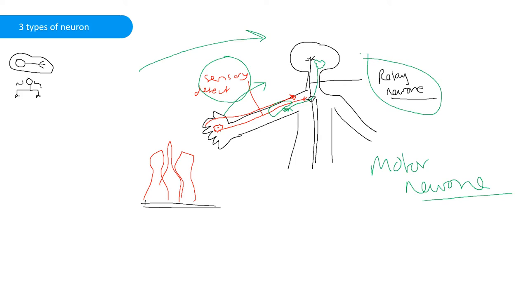So if the signal comes to the end of the sensory, it goes to the relay, it passes the message back to a motor to be able to do something, and that's generally how the nervous system works.